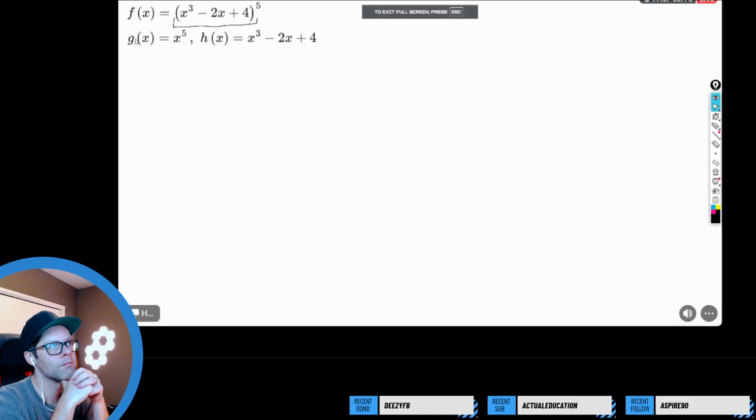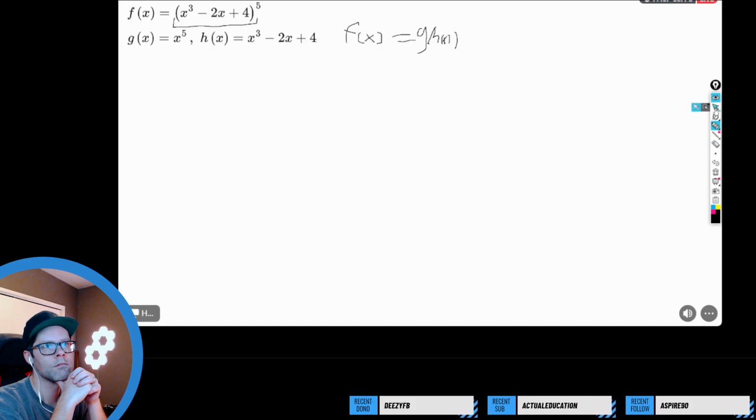The first function would be x to the power of 5, and the second one would be x to the power of 3 minus 2x plus 4. And we can see that f of x equals g evaluated at h of x, which is pretty nice.